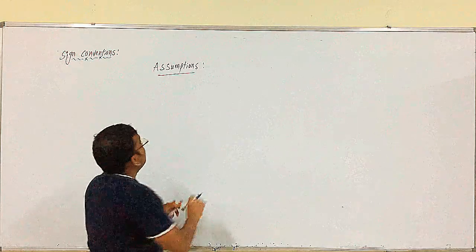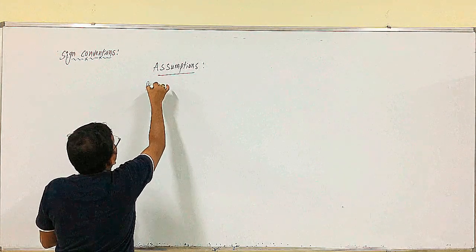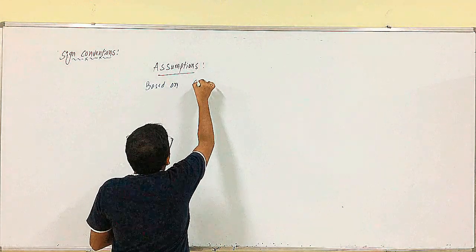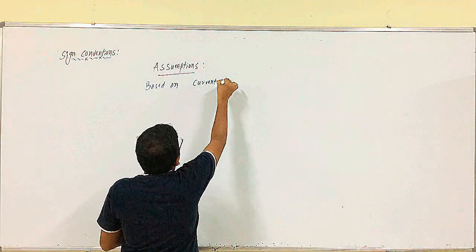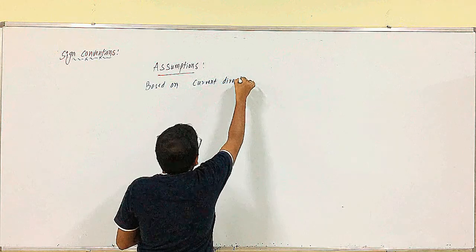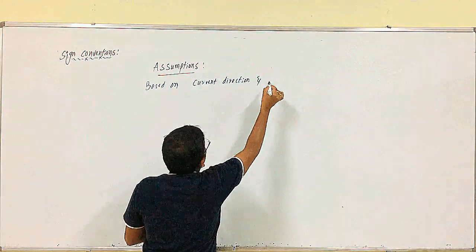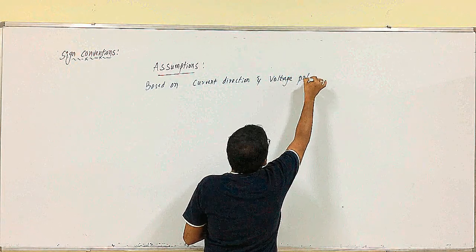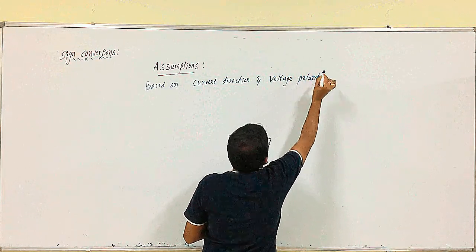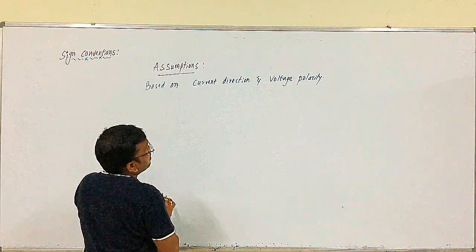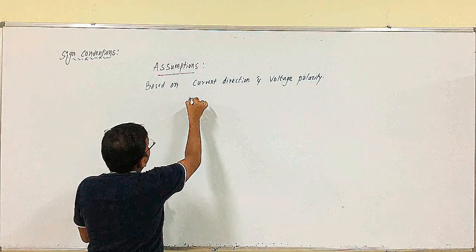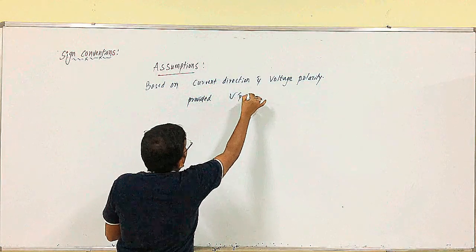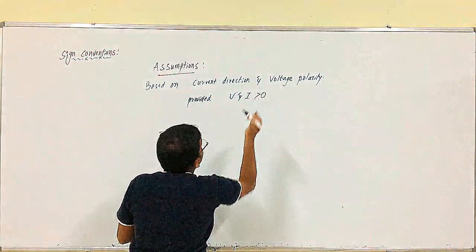These are assumptions based on current direction and voltage polarity. That is provided means what? Provided V and I should be more than 0.